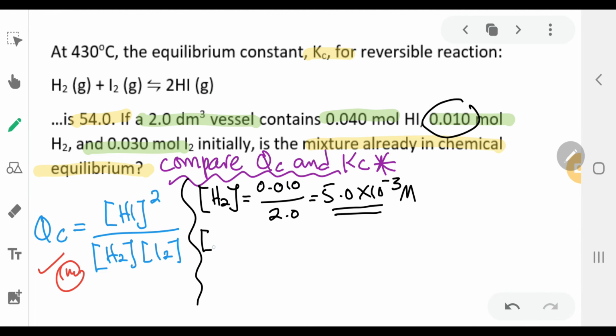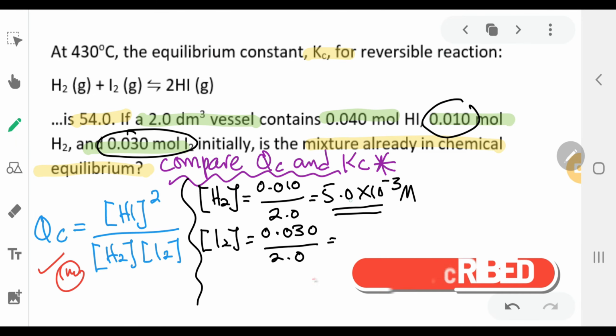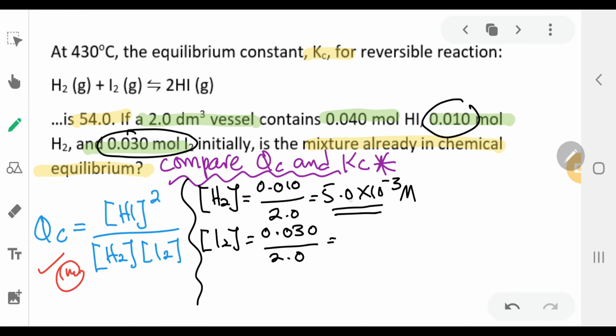Then we have the concentration of I2, which is 0.030 mole over 2.0, so 0.030 divided by 2.0 gives 0.015 molar.